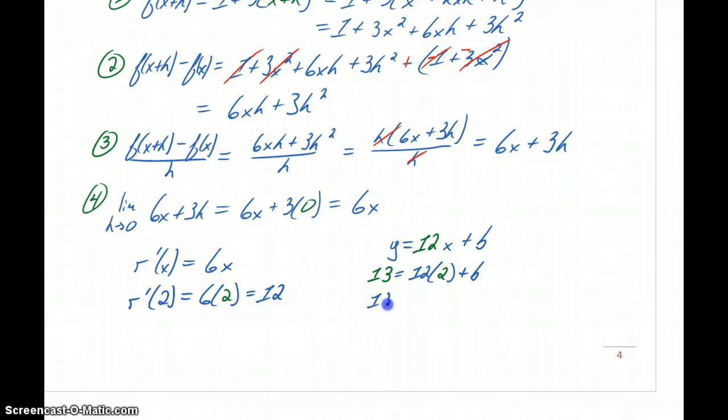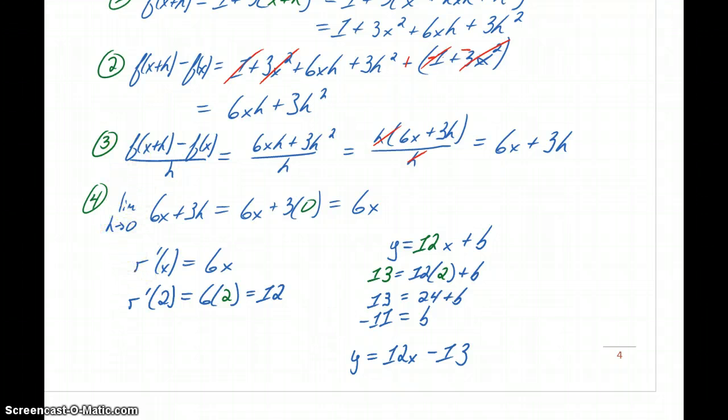So this gives us 13 equals 24 plus b. Subtracting the 24 from both sides then gives us negative 11 equals b. So we know that the equation for our tangent line will be y equals 12x minus 11.